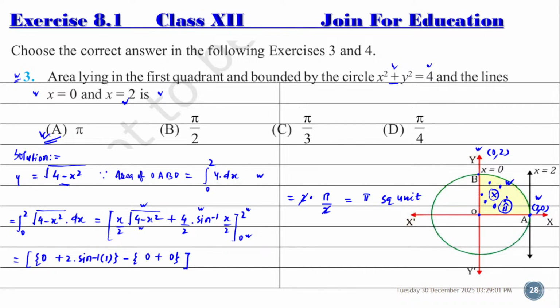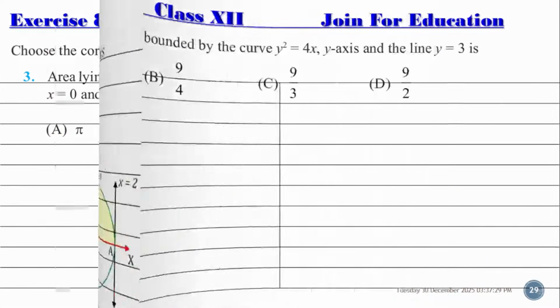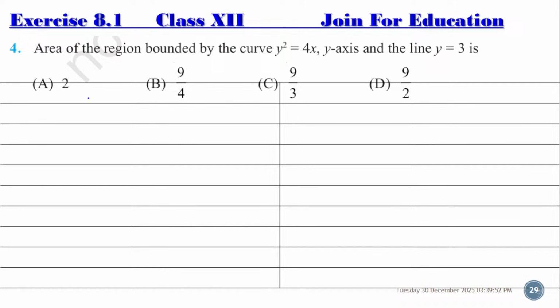Let's see the last question of this class. This is question number 4. Area of the region bounded by the curve y square equal to 4x, the y-axis and the line y equal to 3.